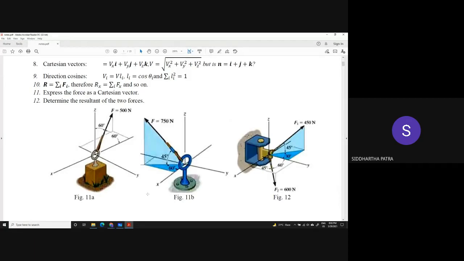So here the job is even simpler. Again, the force has been given, which makes an angle of 45 degree with the xy plane. Now when I say a particular straight line makes a certain angle with a plane, what is that supposed to mean?